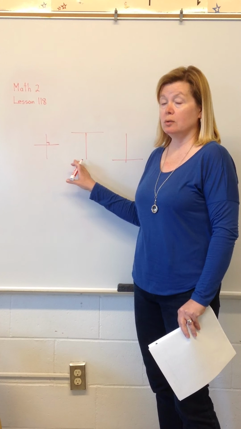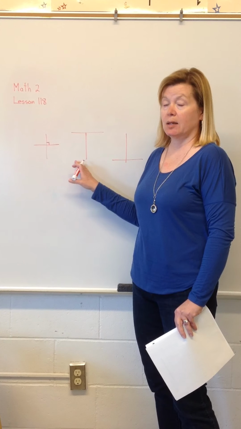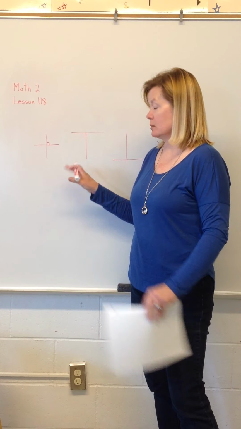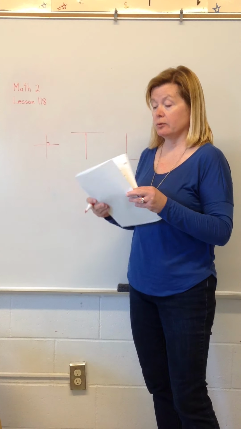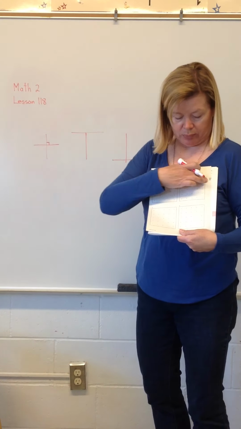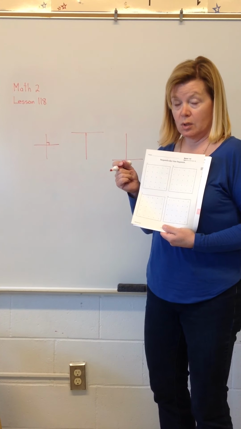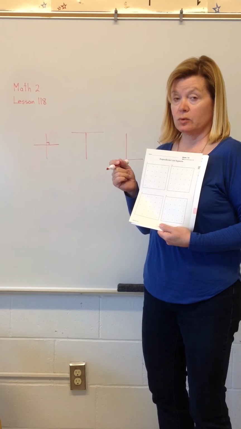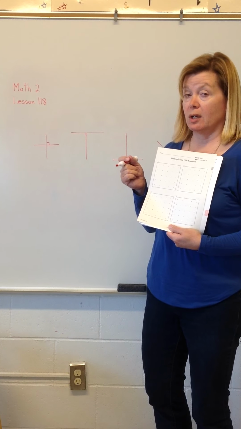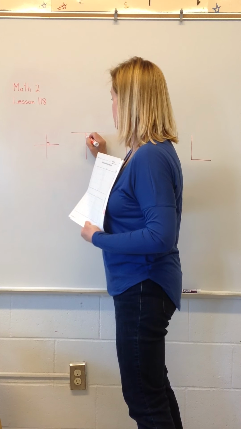In box 2, I would like you to draw this example of perpendicular line segments. If I were doing it, I would just do it straight across the top and then straight down the middle. Once you have that done, remember to check that it is perpendicular and that you have a right angle and mark it as a right angle.